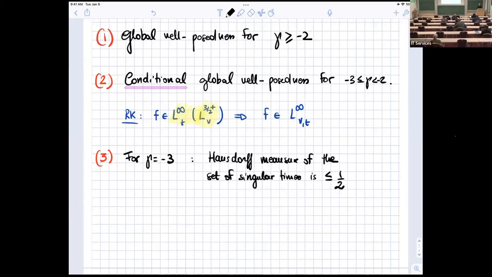So weak solutions are regular except on a set of times with a measure less or equal than 1/2, which is a very similar result to the Leray solutions for the Navier-Stokes system. And the similarity is also due to the fact that the Landau equation has a scaling that very much resembles the Navier-Stokes system.